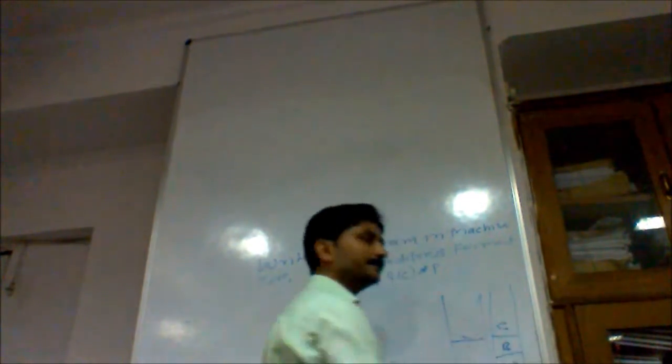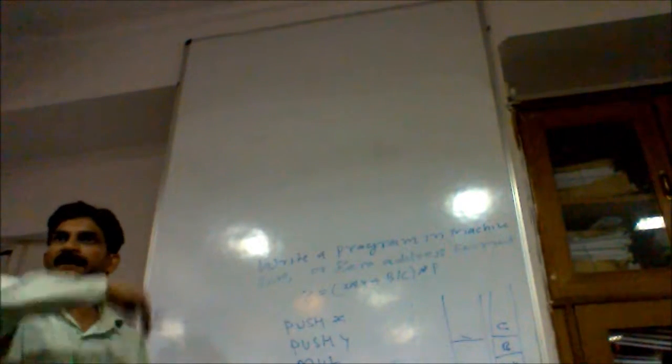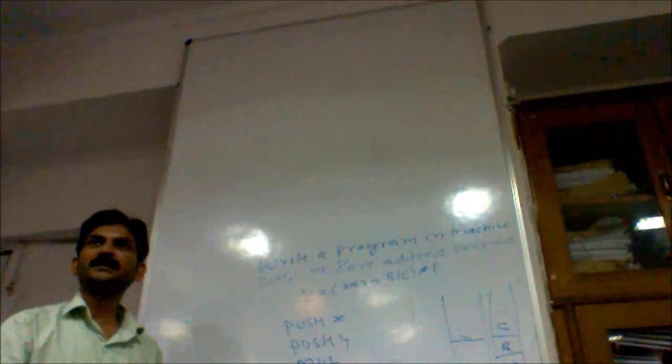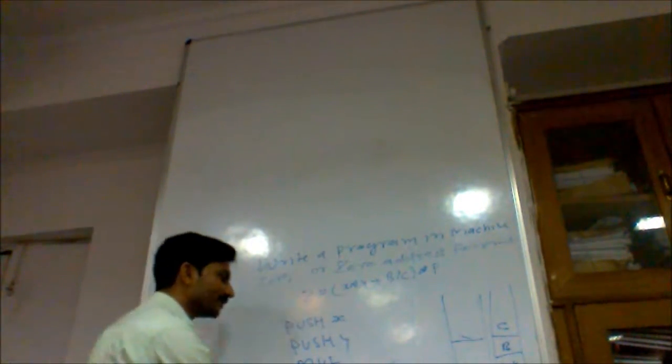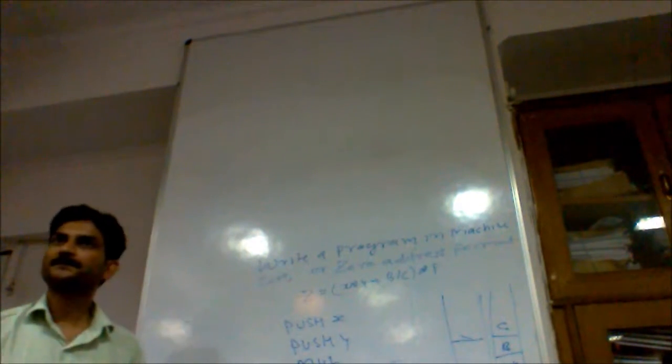And pop c divide by b. Then what will happen? C by b. Yes, top, pop top divide by b. So first you have to push c, then b. You have to remember this thing. Clear?